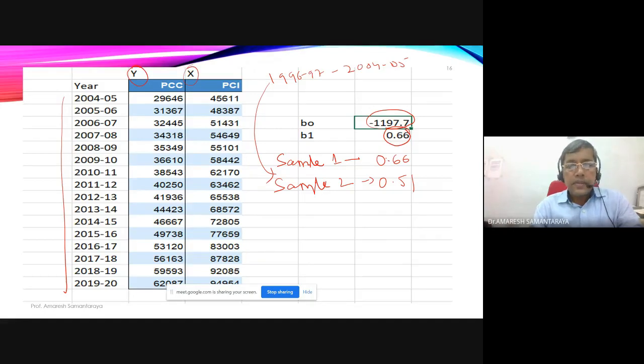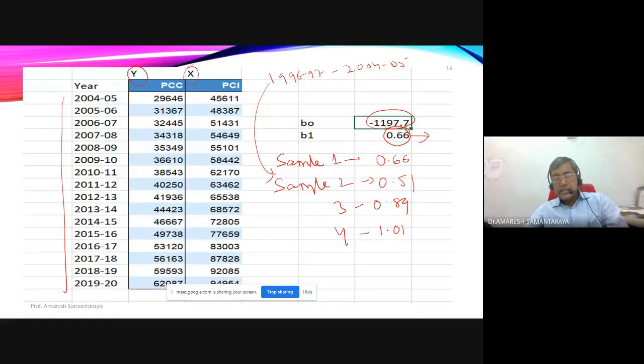I may have a sample 3 for which maybe the relation is 0.89. I may have a sample 4 where the sample estimate for MPC could have been say 1.01. That is contrary to theory, right? But it is a possibility, right? Here like b0, you got a negative number. This is a possibility, right?